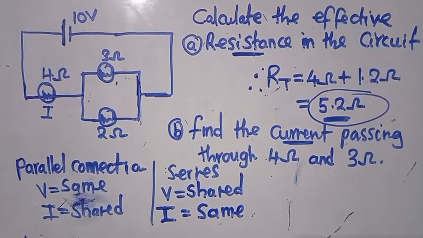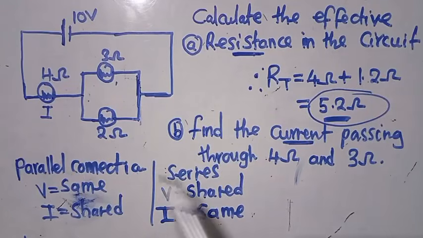So whenever we are talking about parallel connection, voltage is the same while current is shared. But in series connection, voltage is shared, current is the same. This is the series.